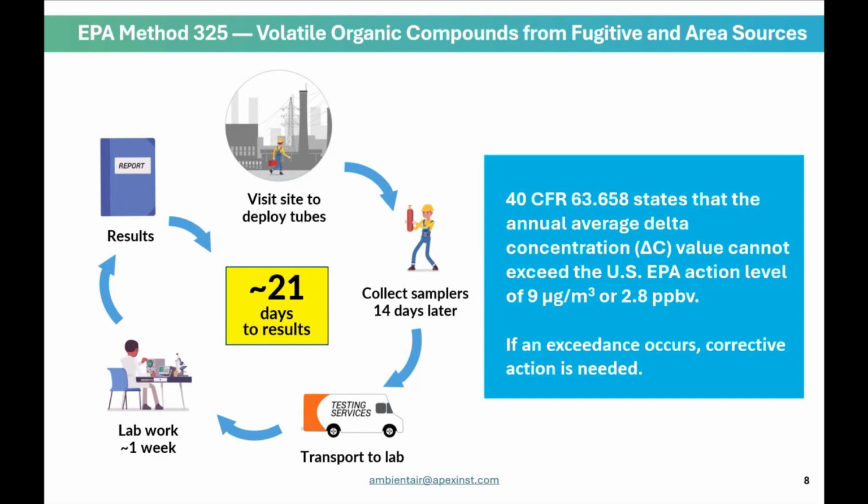In a full cycle of testing, you'll get your results about 21 days after the tubes were initially deployed. Note that the regulation states that the annual average delta concentration value cannot exceed 9 micrograms per meter cubed, or 2.8 parts per billion volume. If an exceedance occurs, corrective action is then needed.